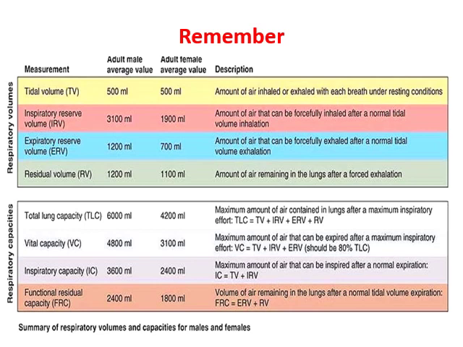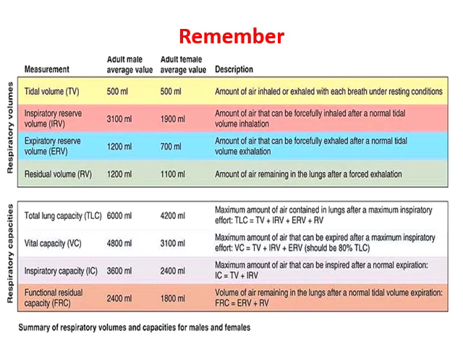So, the functional residual capacity and the total lung capacity contain the residual volume in their equation. That's why the residual volume has to be determined by the helium dilution method before assessing the functional residual capacity and the total lung capacity.